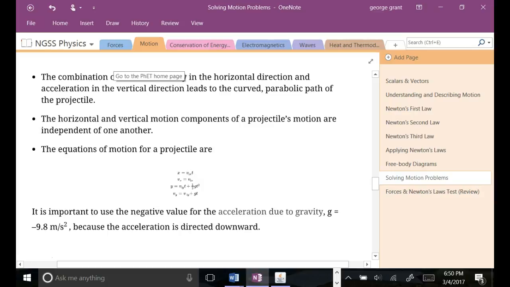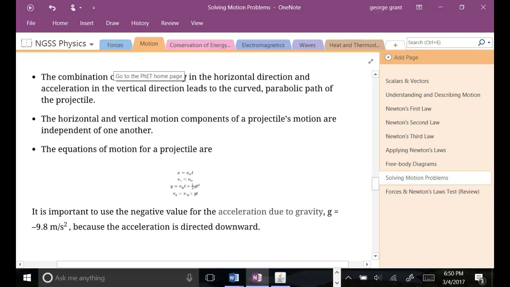The horizontal and vertical motion components of a projectile's motion are independent of each other. We saw that in the Shoot the Monkey gizmo, because as long as we were aiming directly at the monkey when the banana was fired, simultaneous with the monkey falling, the monkey was able to catch the banana because they both fell at the same rate.